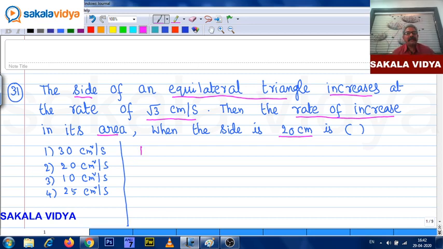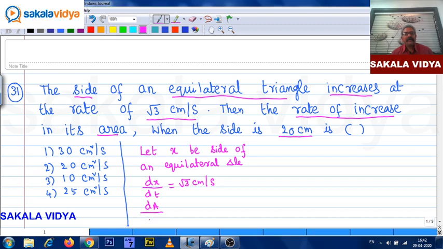For example, let x be the side of an equilateral triangle. Dx by dt is given. Dx by dt equals √3 centimeter per second. Now dA by dt at x equal to 20 centimeters you need to find out.